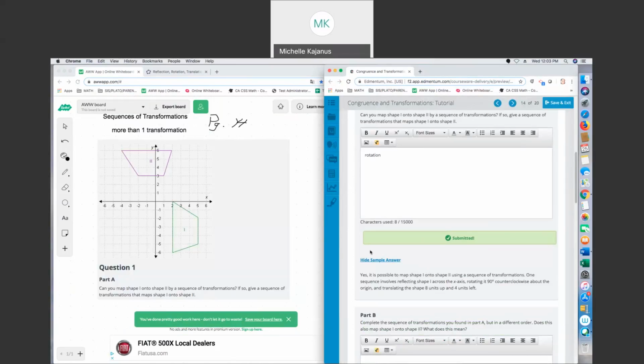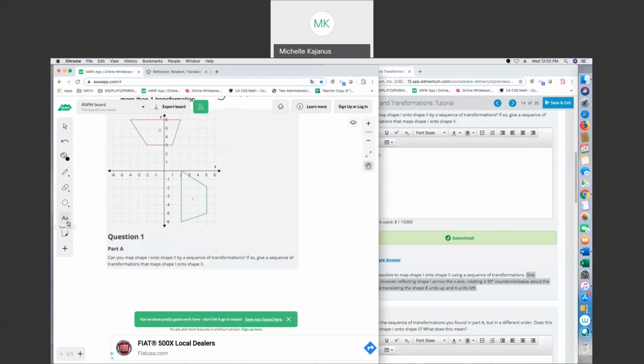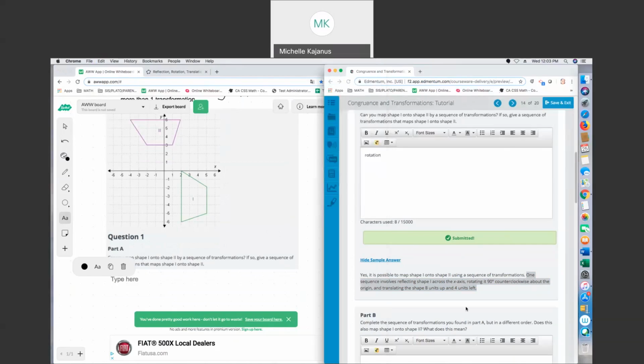And let's see what they did. One sequence involves reflecting. Copy that and paste it here. Reflecting shape 1.